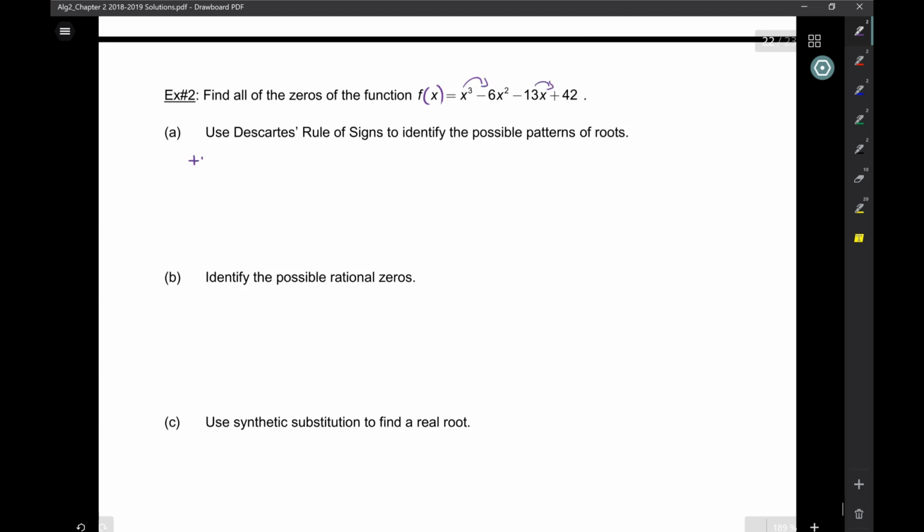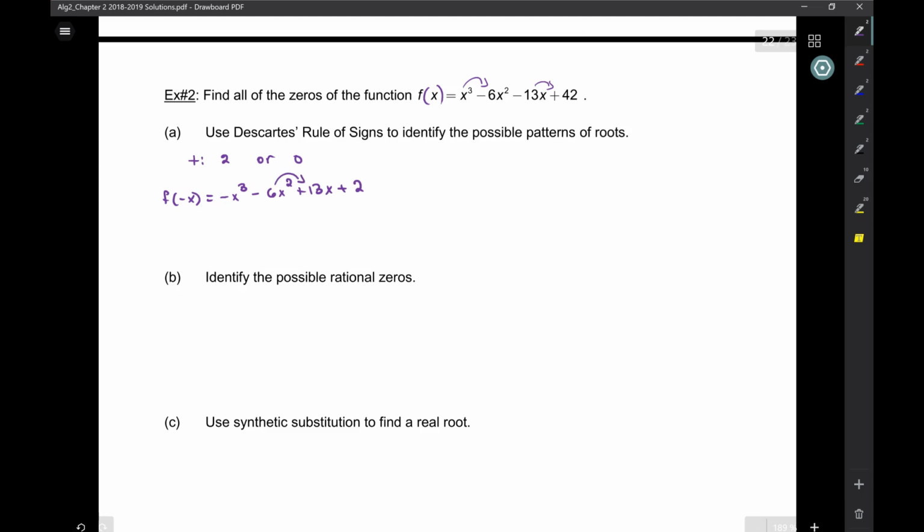So for positive ones, it's 2 or 0. Then let's look at f of negative x. Can somebody tell me what f of negative x will be? Negative x cubed. Right. So how many times does this change?